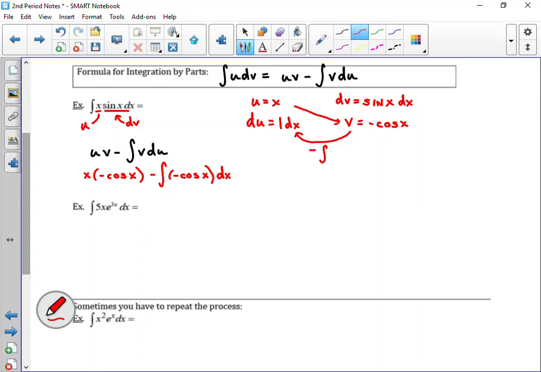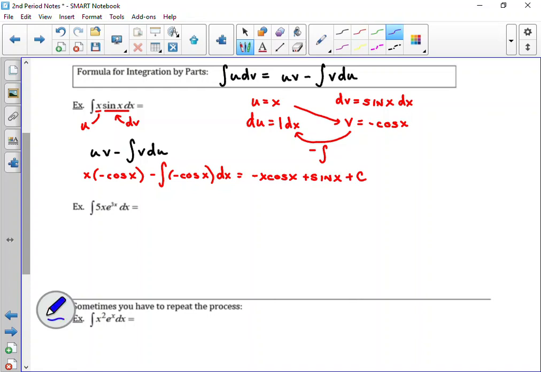So this is going to simplify to negative x cosine x plus sine x, and then we can just tack on a plus c at the very end, because we didn't do a definite integral. Okay, that's the integral of x sine x.